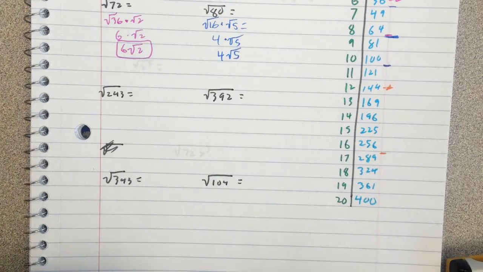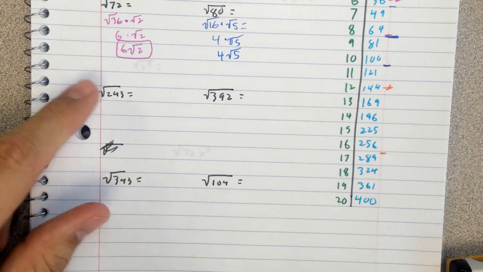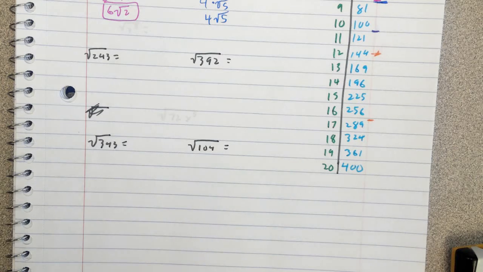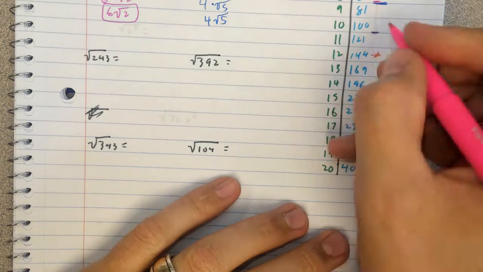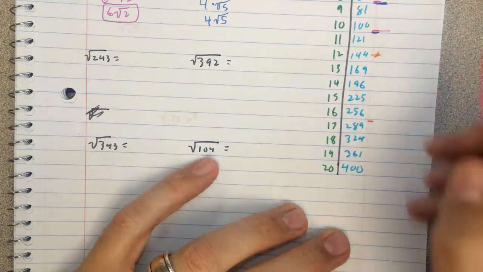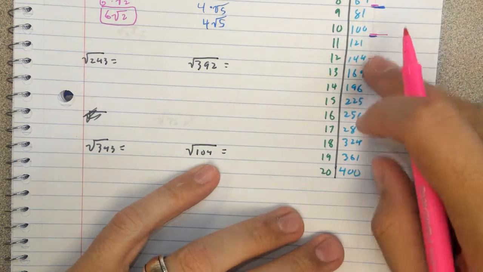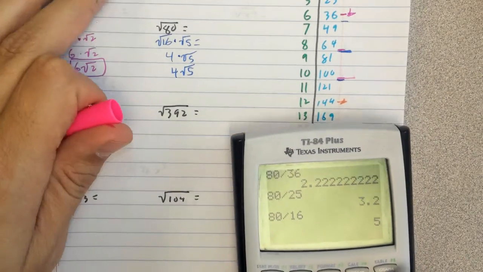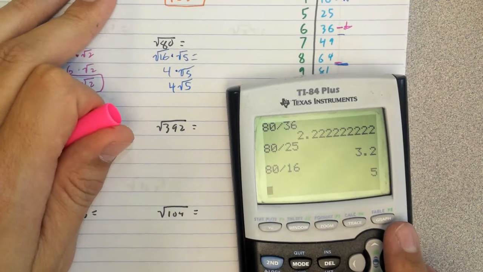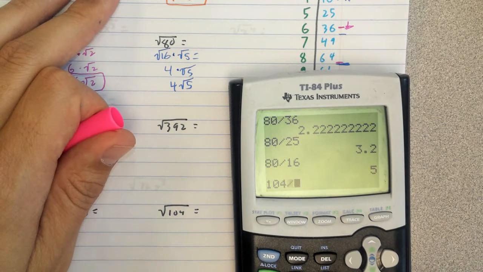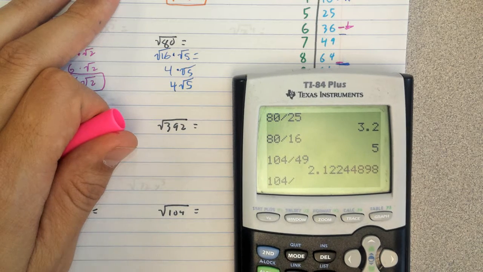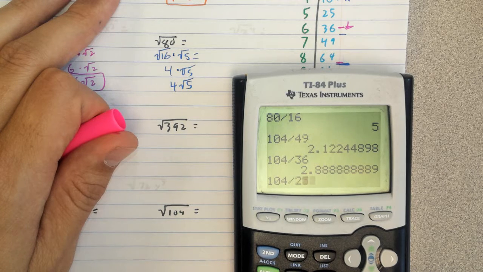Let's go ahead and do one more example. Let's look at 104 down here. Square root of 104. Find it's going to be somewhere in this general area. It's not a perfect square, so let's go about halfway. Let's go to 49, even though I know that's not it. So 104 divided by 49. Not going to happen. 104 divided by 36. No. 104 divided by 25.